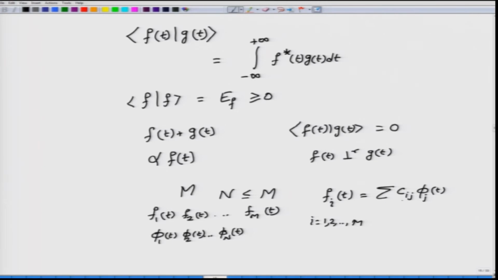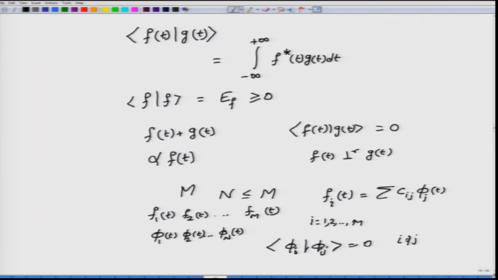Okay. The meaning of phi j of t being orthogonal simply means that, now that we know the inner product itself, we do not need to go to the integration thing. So, what it simply means is that phi i inner product with phi j will be equal to 0 unless i is equal to j. Okay.